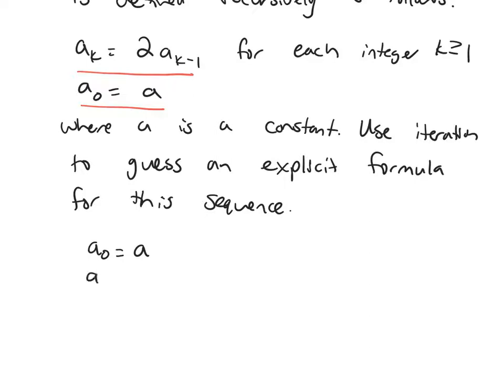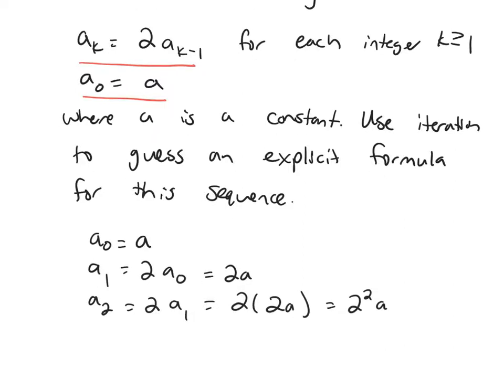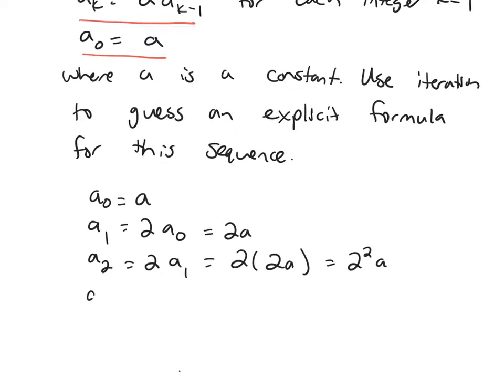So A1 would be 2 times A0, or 2 times A. A2 would be 2 times A1, 2 times 2A. So I'm just going to leave that as 2 squared A. Those should just be A's. A3, using our recurrence relation, would be 2 A2.